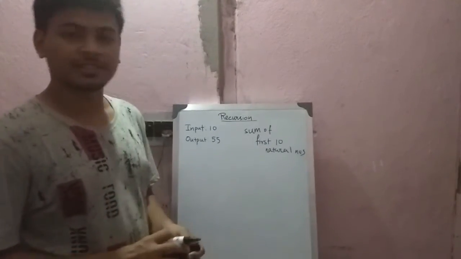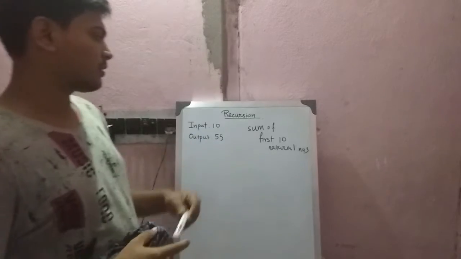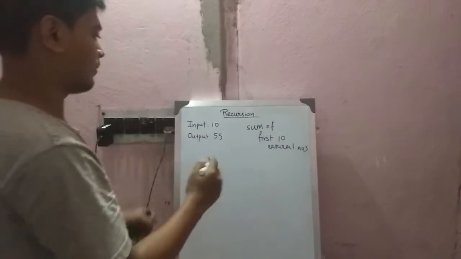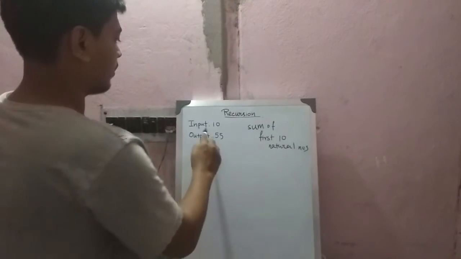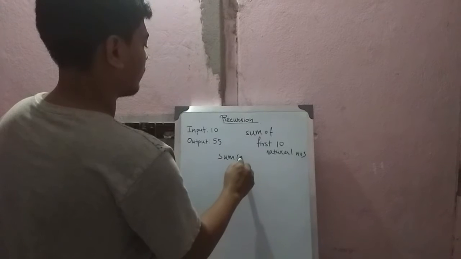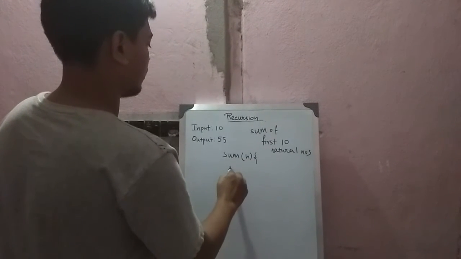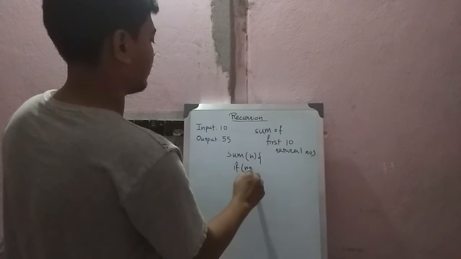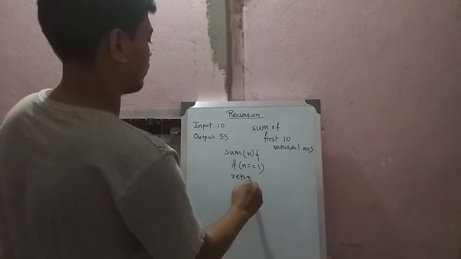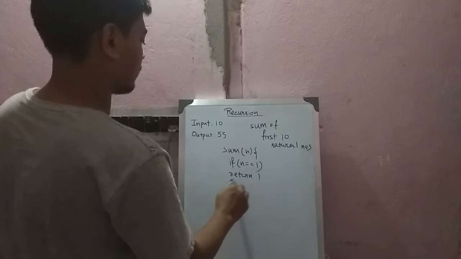Sum of first 10 natural numbers. I have discussed it earlier, but let's see how recursion works in an algorithmic manner. I have written the code before. Sum of n: if it is the base case, if n equals 1, return 1.